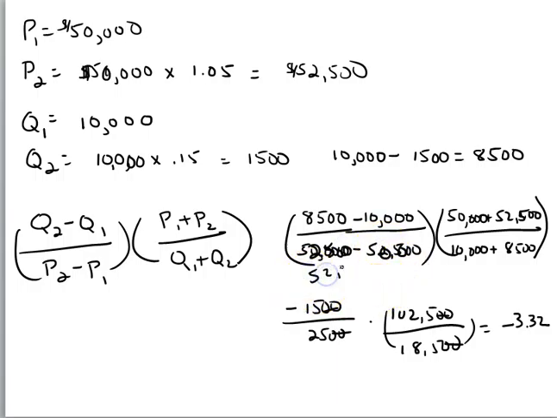Sorry about that, 52,500 minus 50,000. Your professor made a mistake. Or 2,500, we have a negative 1,500 over 2,500 multiplied by P1 plus P2 over Q1 plus Q2, and we get a price elasticity of negative 3.32.